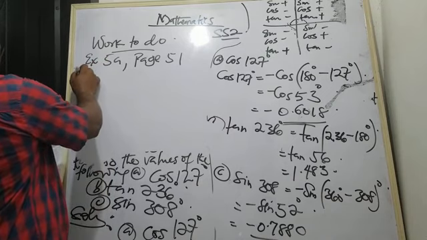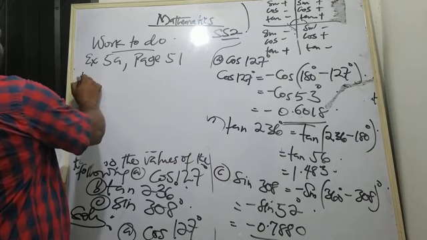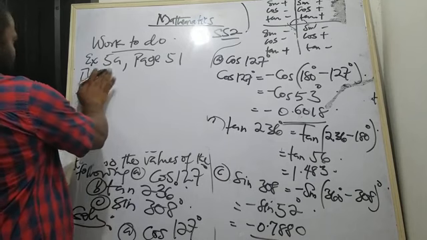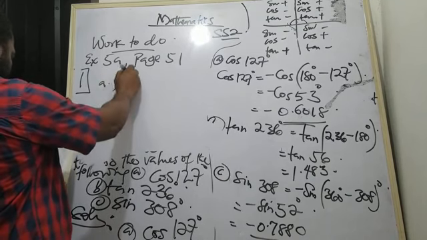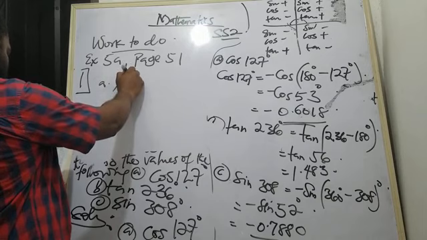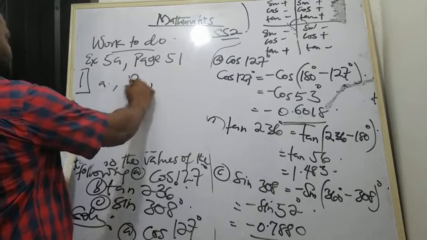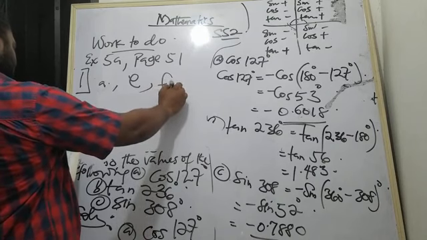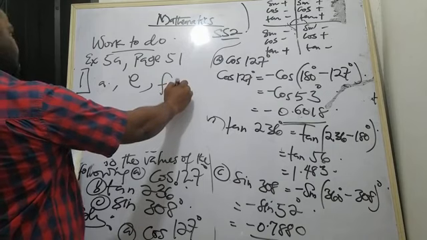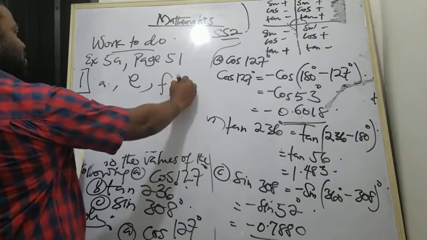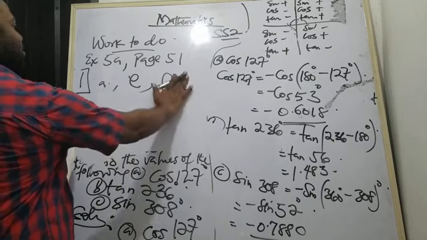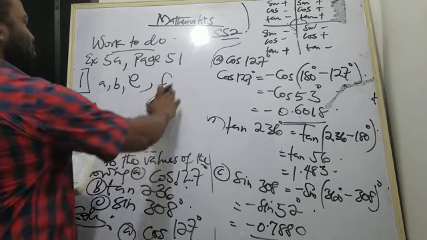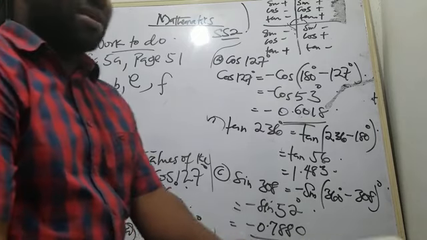You have question 1, A, B, E, and F. You have to do this for me and submit.